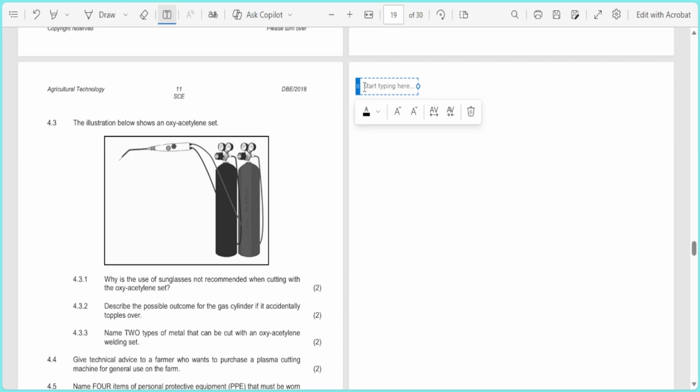Whether you are welding or doing anything related to construction, safety comes first, guys. So here they're asking us, why is the use of sunglasses not recommended when cutting with an oxyacetylene set?